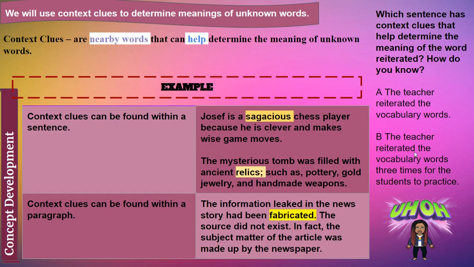So yes, you may circle the correct answer or jot down the correct answer in your notes. And I want you to tell me, how do you know? What did you use to help you determine the meaning of that word? Okay? All right. So I'm going to go ahead and pause the video, and then I want you to think about it and answer it, and then come back.